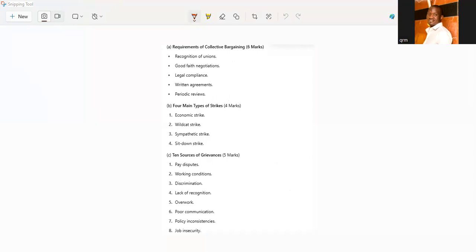It rests on these fundamental requirements of fairness and equity and ongoing dialogue. So you need to recognize the unions. That's the first requirement. Employers must formally acknowledge that the union is legitimate and representative. So without recognition, the union has no standing.